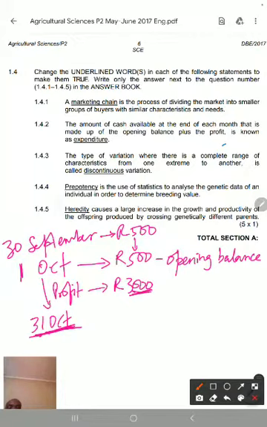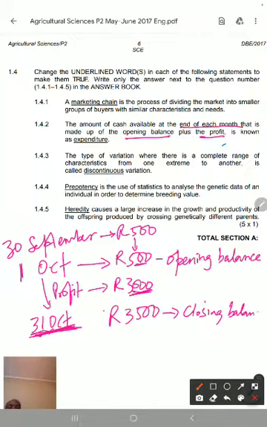No, it will be 3,000 rands plus 500 rands, because the 500 rands is coming from September. So it's his opening balance plus his profit, which gives us 3,500. This 3,500 rands is now the closing balance at the end of October. At the end of September he had a closing balance of 500 rands, but on 31st October, the opening balance plus his profit makes the closing balance.